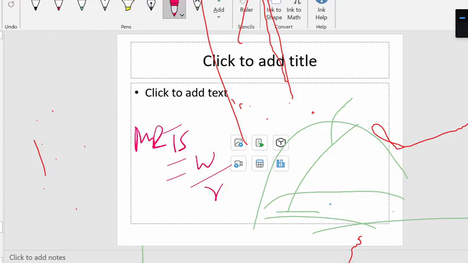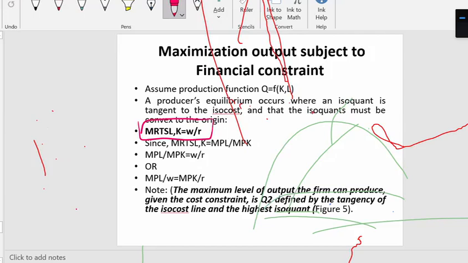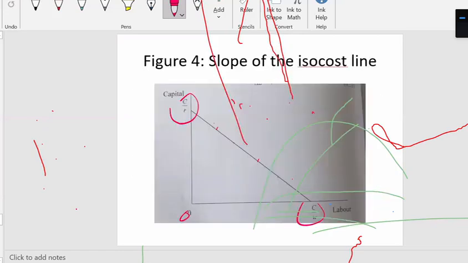Over R. Ndio condition ambayo unaweza ku maximize what? Profit. Are we together? Ambayo ndio hichi hapa. Okay? Okay. Sawa. Manake I'm just driving from this one here.